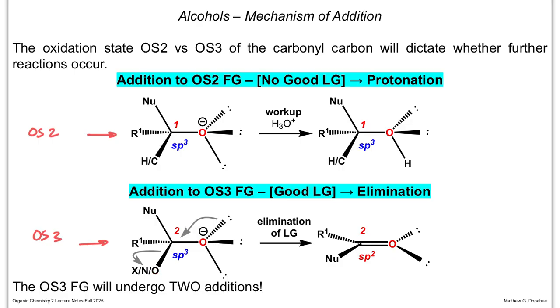And what is different now, this O- intermediate, a lone pair can come down and eliminate. So elimination is the formation of a pi bond. It'll kick that group out. And when it does that, it's now going to oxidation state 2.